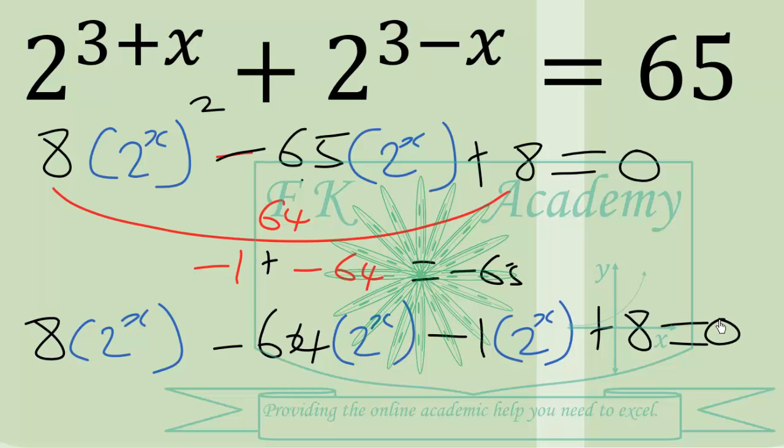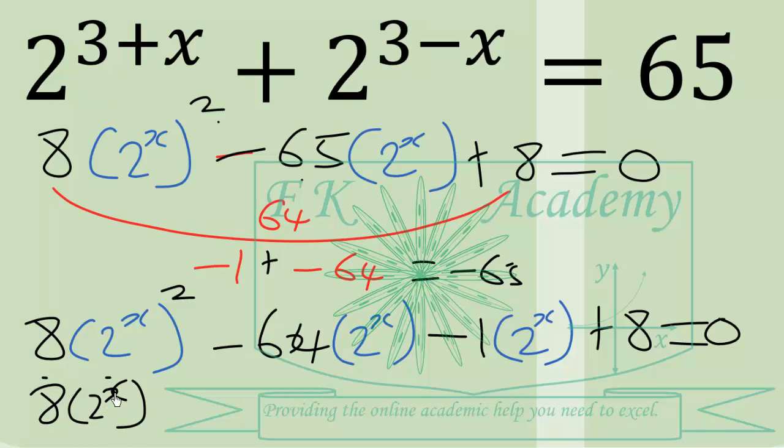So what do we do next? We factor. So sorry, this one is supposed to be squared because of the square here. So we can now factor this. 8 is common, 2^x is common. So we factor 8 times 2^x outside.